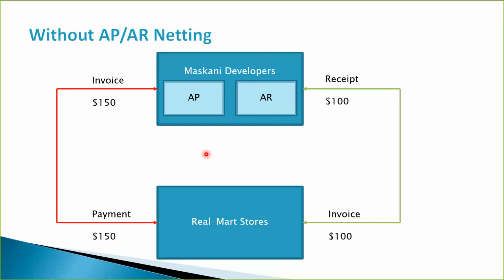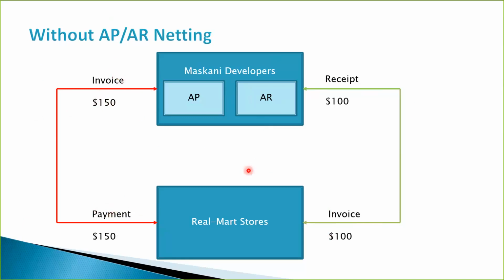On the other hand, we have some goods or services which we have bought from Realmat worth $150. So what would happen is that Realmat would send us an invoice for $150 outlining all those goods or services that they have sold to us, and we would send them a payment of the same amount.